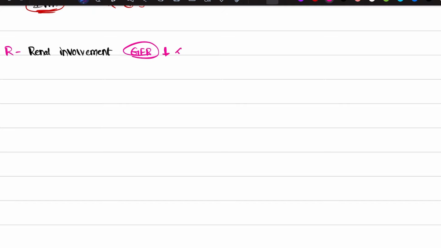If GFR is less than 30 ml per minute, we can manage this patient by hemodialysis. We are going to discuss this clearly in the renal chapter, but if GFR is less than 15 ml per minute, we are going to do a renal transplant.